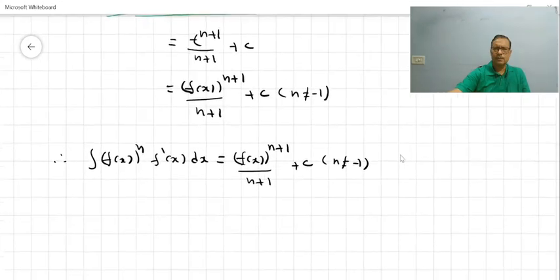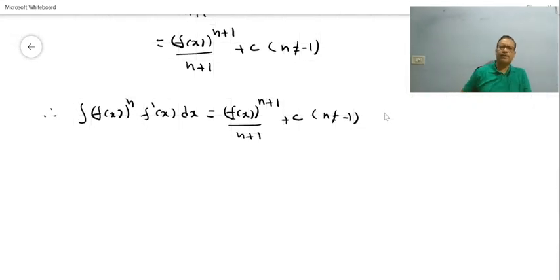Now suppose n is equal to minus 1/2, put n is equal to minus 1/2 here. Okay.